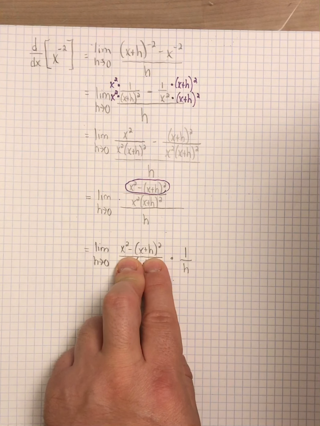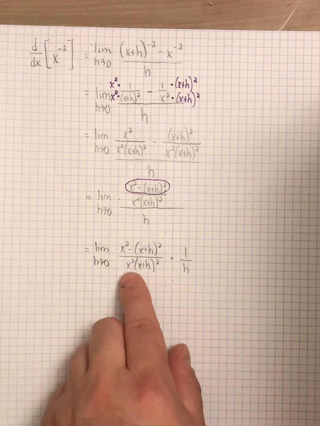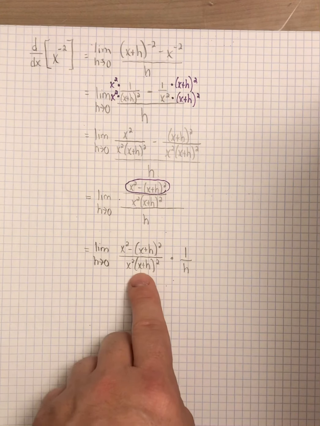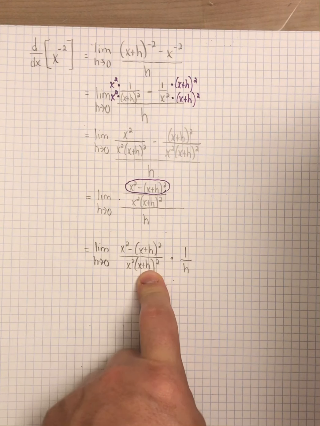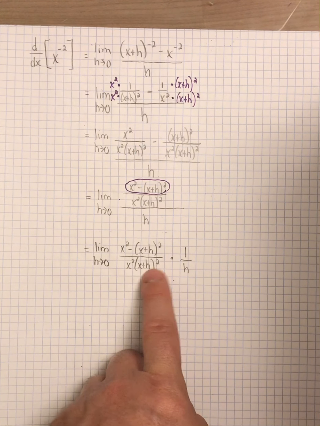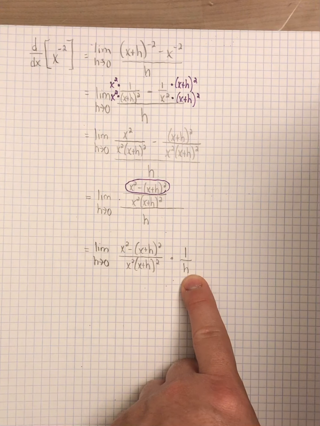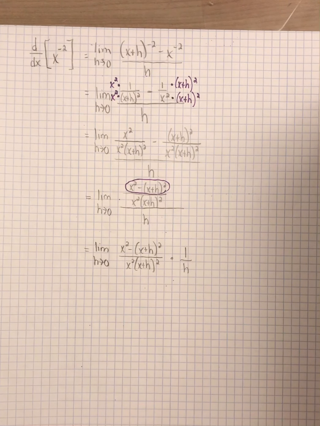Otherwise, this will work exactly the same way with this denominator, which this part actually is not a problem. We can substitute 0 in for h here, and everything will be just fine. It's this h which causes the problem. So since we already know that's going to cancel out, and I leave that to you to work through, it's not a problem.